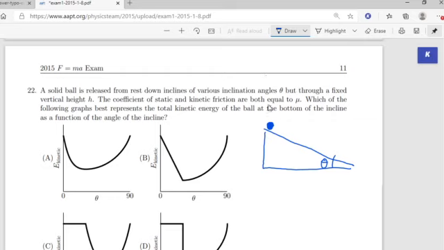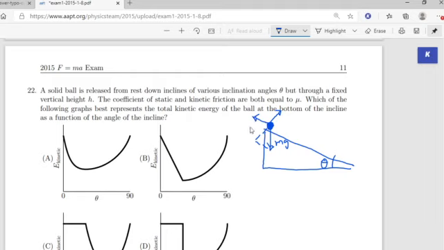Actually, let's just draw a force diagram. So we have mg, and then the components of mg that are both perpendicular and parallel. Then we have the normal force, which I do not think is needed for this one.